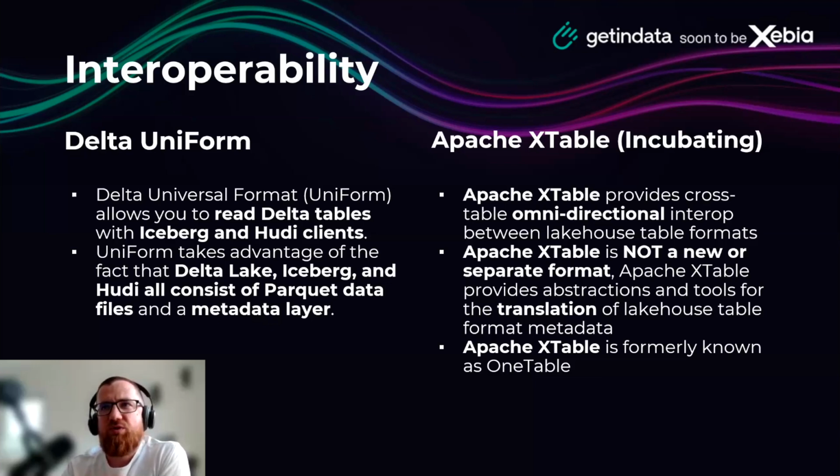Well, besides UniForm, we also have Apache XTable, which is omnidirectional. That means that still you need to pick one main table format to which you write the data, but it can be any of those three. And you can decide to which of those you would like to also create the metadata.